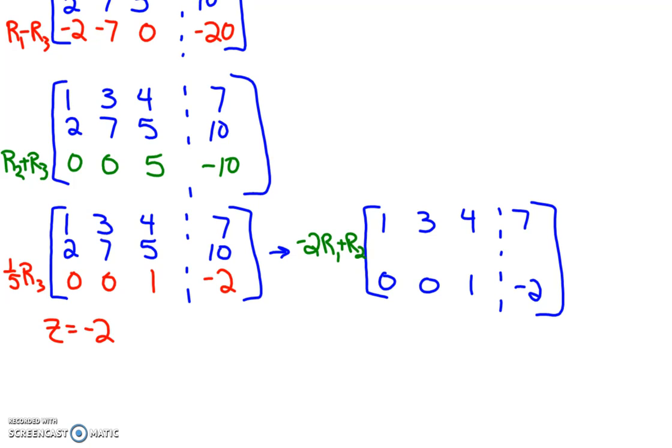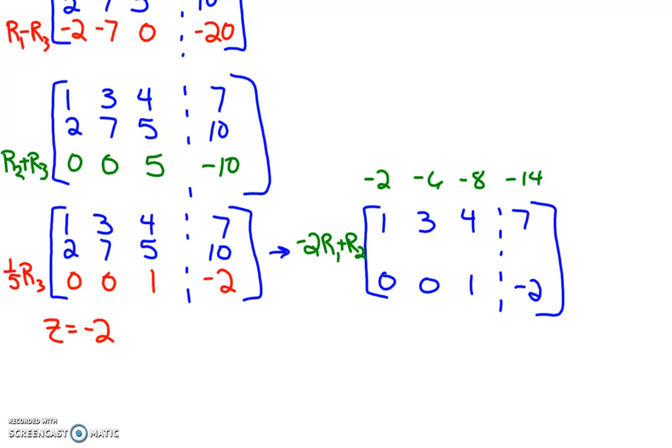In the previous one we had 1, 3, 4, 7 for row 1, and row 2 was 2, 7, 5, 10. If I double the first row and make it negative 2 times that, so negative 2, negative 6, negative 8, and negative 14, those are the numbers I'm using, and I'm adding that to row 2.